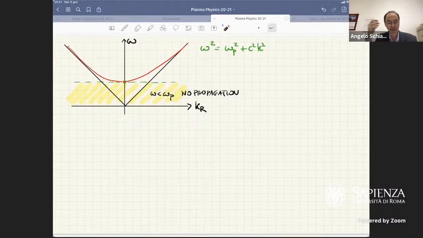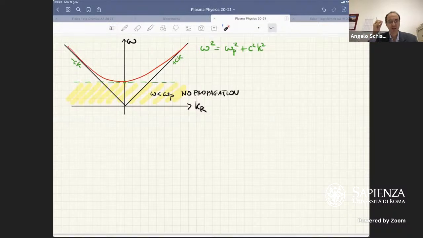Light is propagating through the plasma almost as it does in vacuum, because the speed of this wave is here plus ck, and here is minus ck. So we have the progressive part and the regressive part.